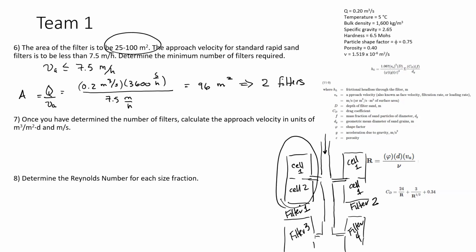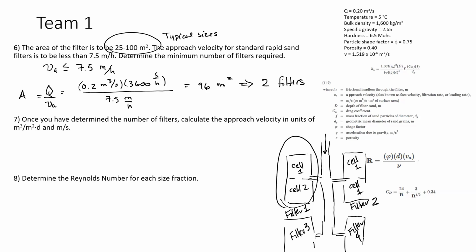Good question. Why is the area of the filter given as a range between 25 and 100? Are those just the options that are available? Those are typical sizes. Typically these filters are concrete and constructed on site, and the typical sizes are between 25 and 100 square meters.